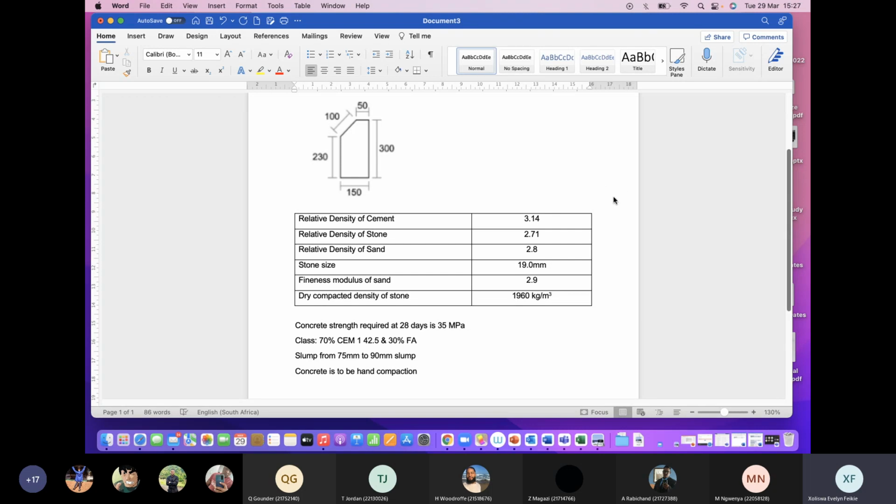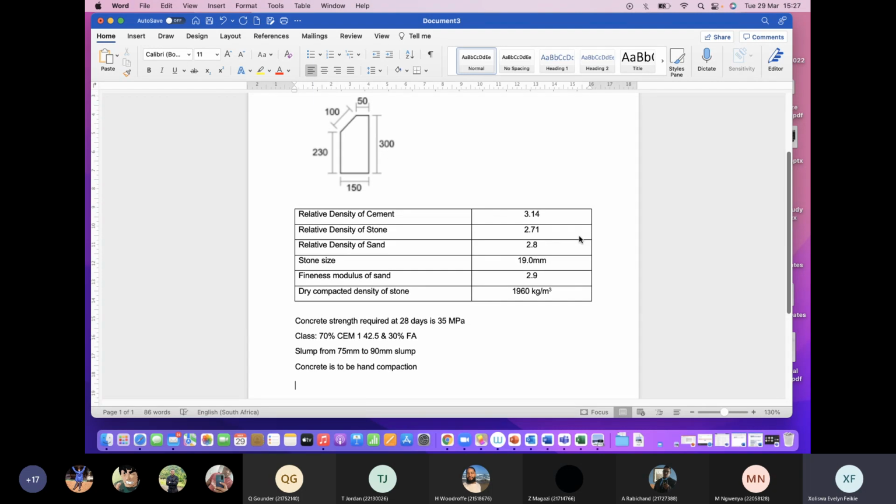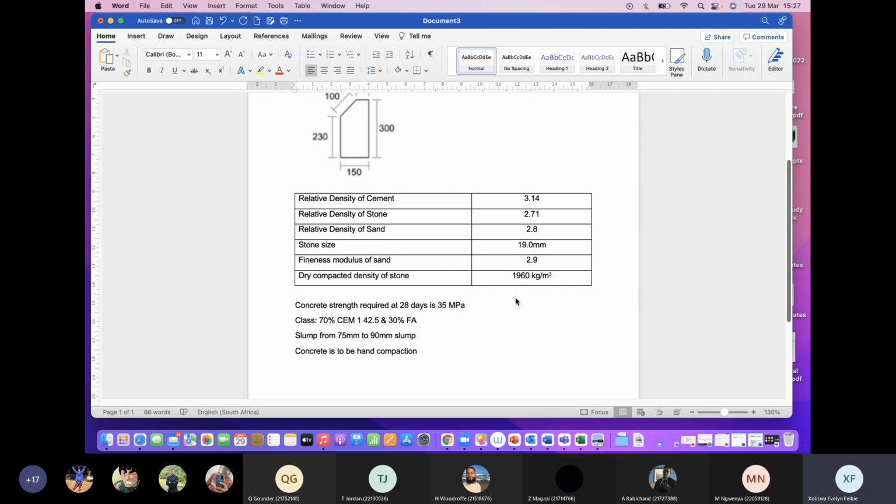The concrete strength required at 28 days is 35. The concrete class is 70% cement with 42.5 strength and 30% fly ash. That's the cement that they want you to use. The slump is from 75 to 90, and the concrete is to be hand compacted.